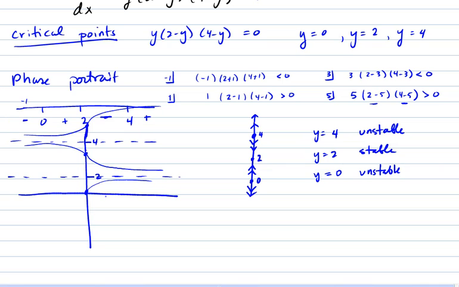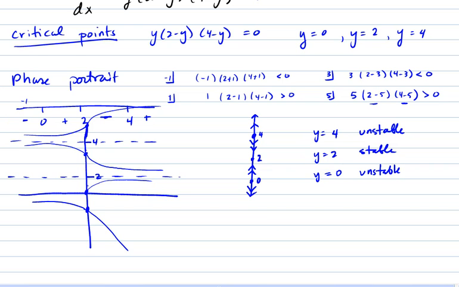And less than 0, I'd have a decreasing function.